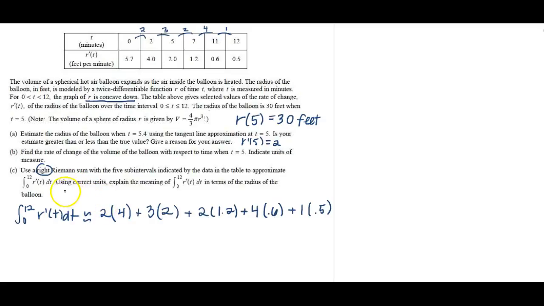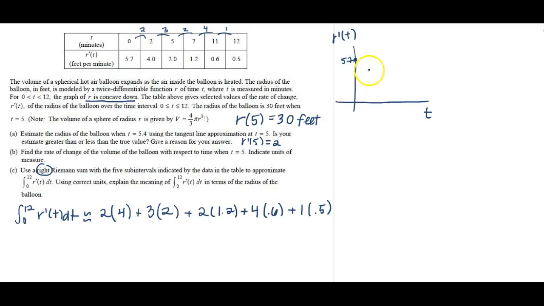But now, using correct units, explain the meaning of this integral here. So integrals, remember, are area under this curve, r prime of t. So let's just think about the units. If I were to plot t and r prime of t, well, t is in minutes. So remember, I have 0, 5.7.